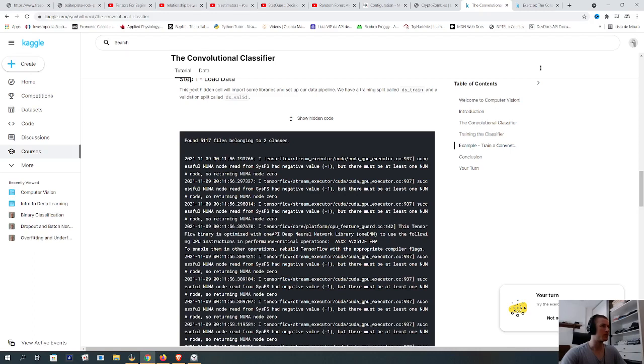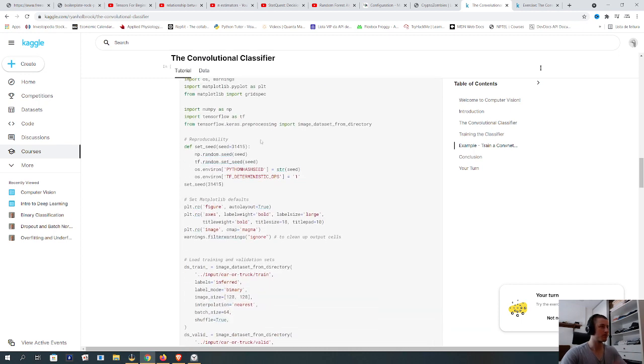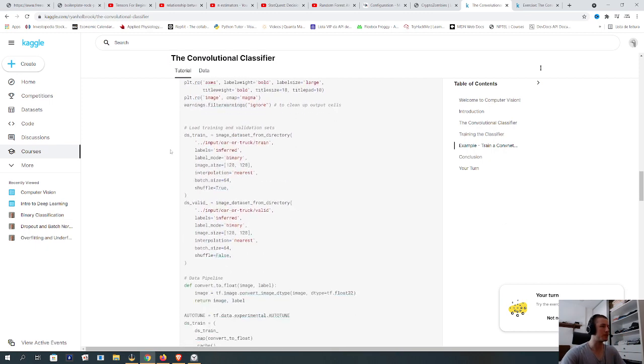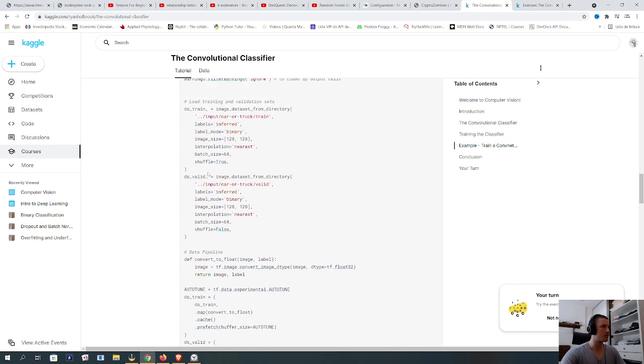So step one, load the data. In the next cell, we import the things, and then split the training. So splitting the data first.